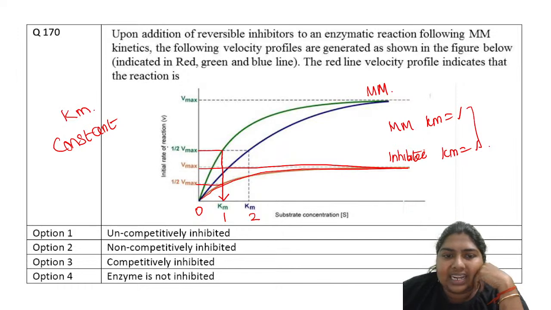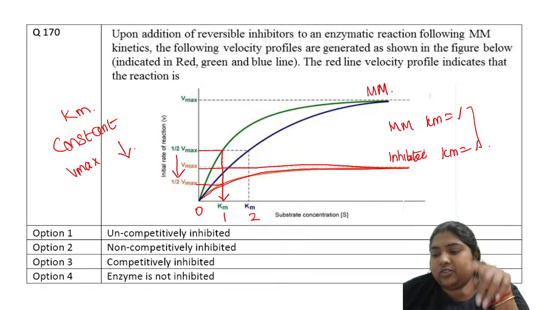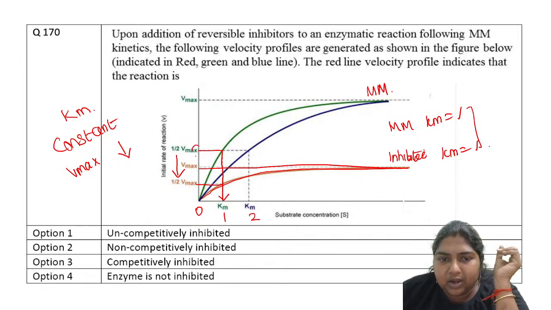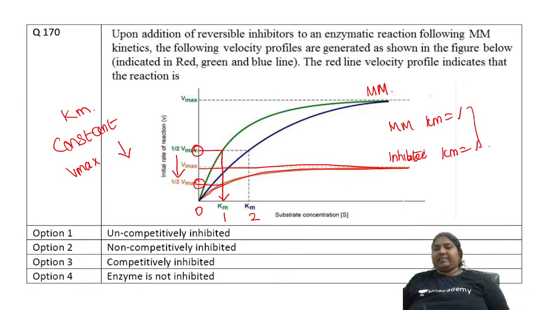Right. But what has happened to your Vmax? Vmax has reduced. So if Km is constant, Vmax from this point has reduced to this point. What is the type of inhibitor? Got the logic? Same aspect that we studied today.